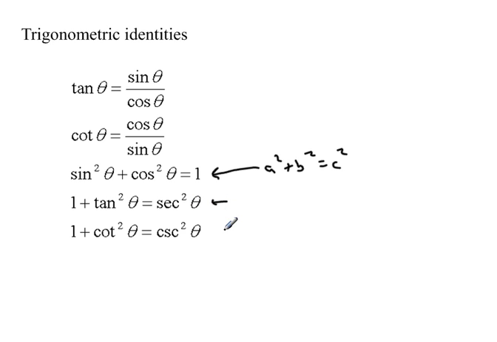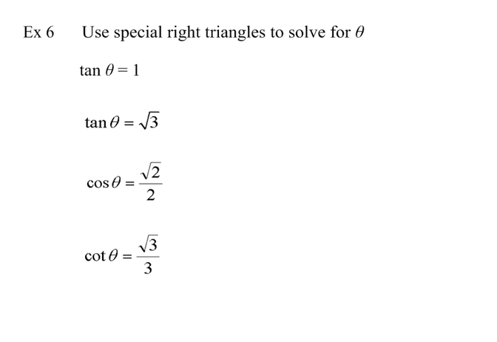Divide every quantity by cosine squared, we get this next one. Now these identities, we're not going to use them a ton at this point, but they're going to come up a lot in our 5th chapter. We're going to see them a little bit now. We're going to see them a lot later on. So at this point, it's nothing you have to completely understand, but if you're familiar with them, it'll help you out down the road. Okay, let's jump into some more examples.